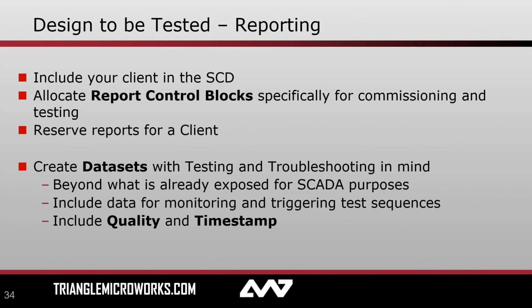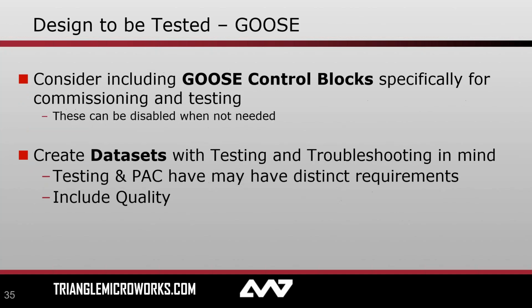You want to know exactly when data changed. We talked about op-OK earlier. If an output was blocked, maybe you'd want to include op-OK specifically for testing and put that into a data set and then reserve that data set for a client, a testing tool.